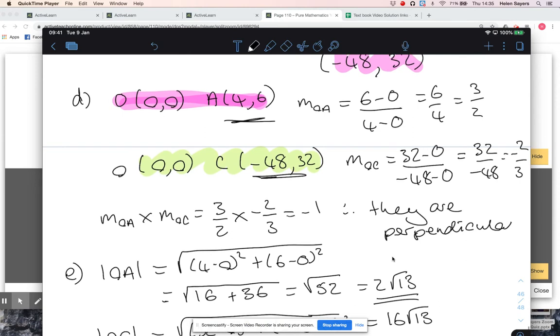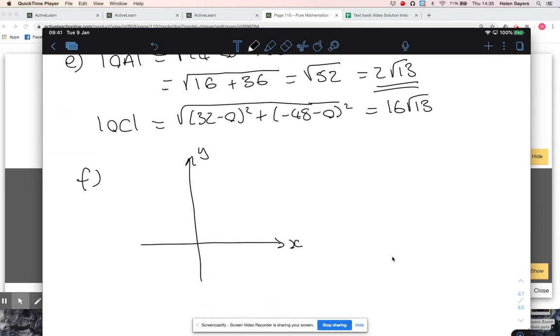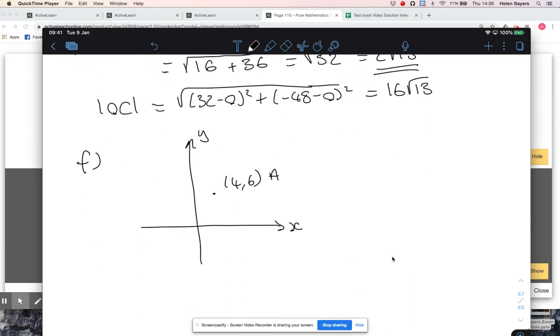But (4, 6) can be about there, and that was A. And then C was (-48, 32), obviously not to scale, but we'll get the point across. So that was point C, and that's the origin.